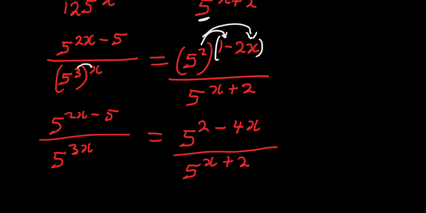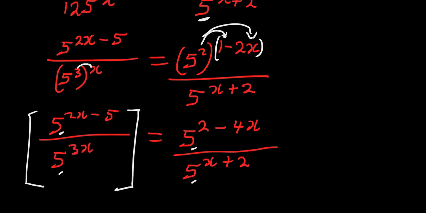So at this point, we have the same base in all. We have 5, 5, 5, a base of 5 everywhere. So now we are going to focus on the left side.